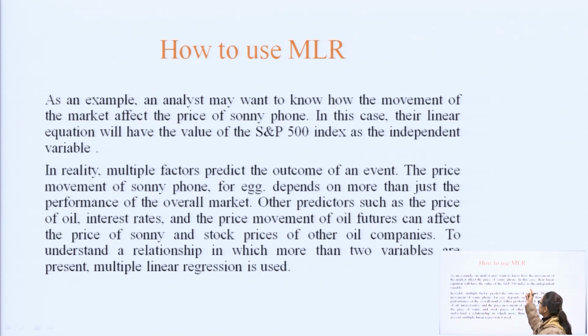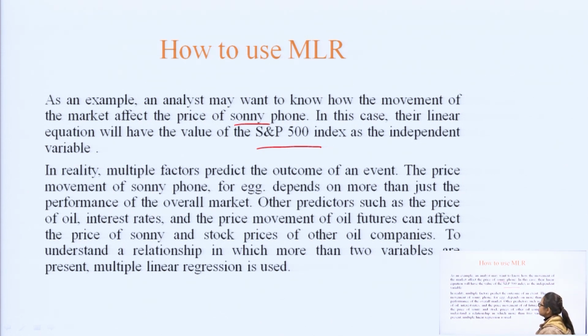How to use multiple linear regression? For example, an analyst wants to know how the movement of the market affects the price of a Sony Ericsson phone. In this case, the linear equation will have only two values, like customer demand and the production value.